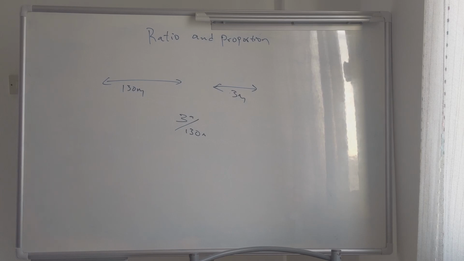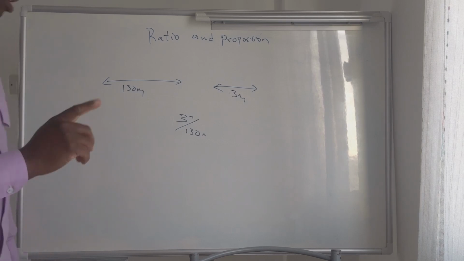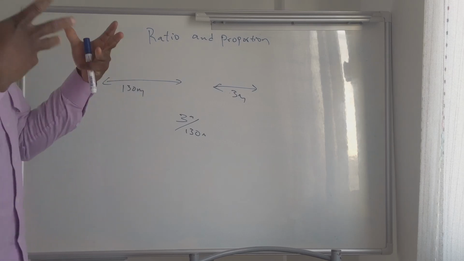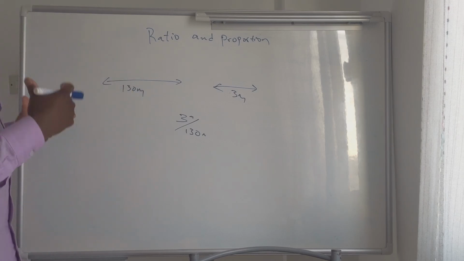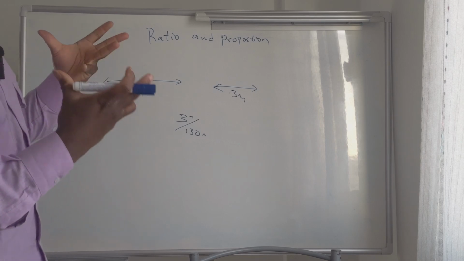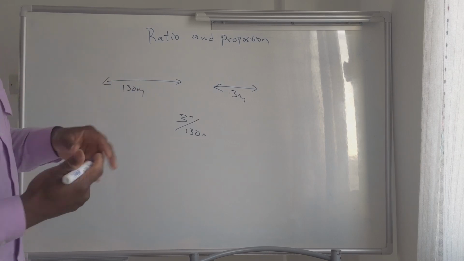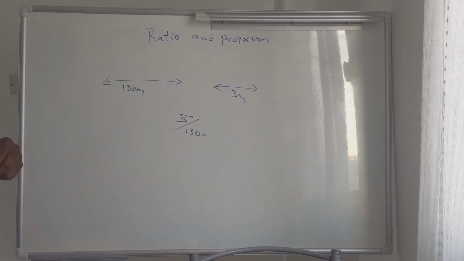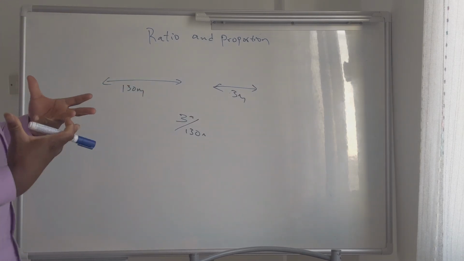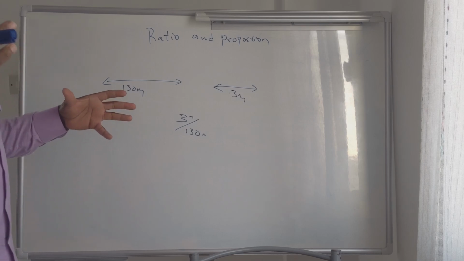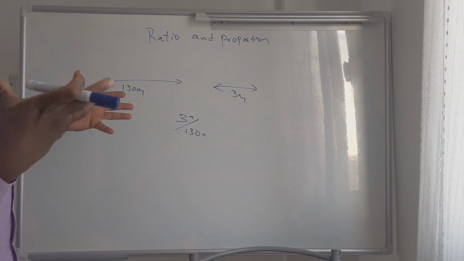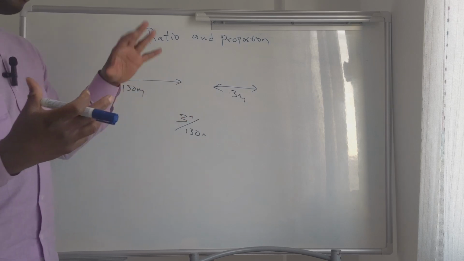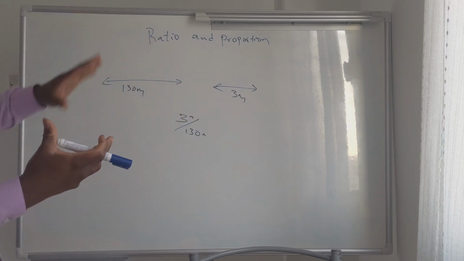And one thing that we must take note of is that when we're comparing two objects, we should make sure that they have similar quantities. So the objects must be similar in nature. For example, the unit must be the same. You can't compare an object with a different length or dimension to another object that is totally different.